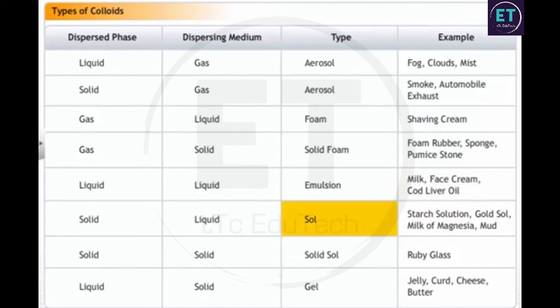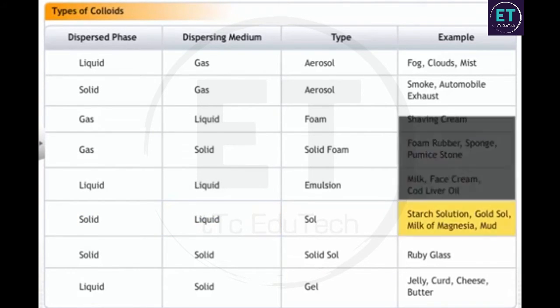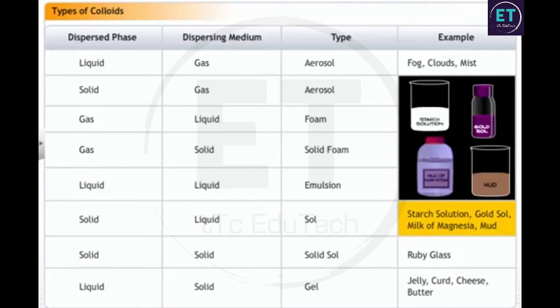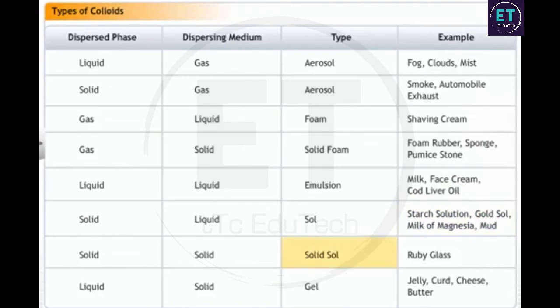A sol is a colloidal system in which a solid is the dispersed phase and a liquid is the dispersing medium. Starch solution is a sol in which starch is the dispersed phase and water is the dispersing medium. Other examples of sols are gold sol, milk of magnesia, and mud. A solid sol is a colloid in which both the dispersed phase and the dispersing medium are solids.